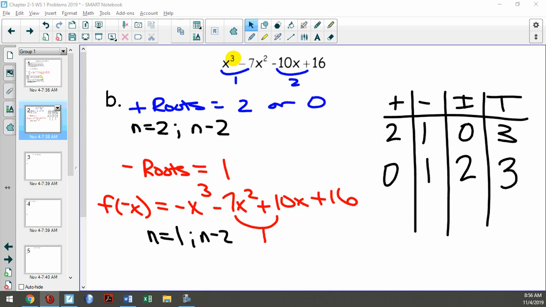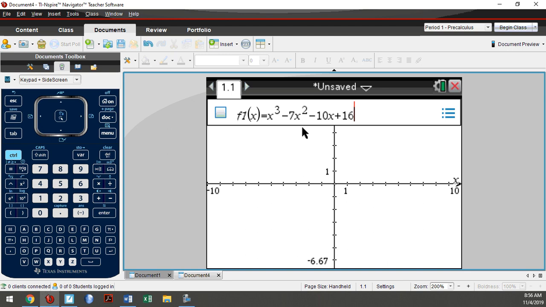And we are going to graph the function, which is going to be x cubed minus 7x squared minus 10x plus 16. Okay, and I'm going to hit enter.